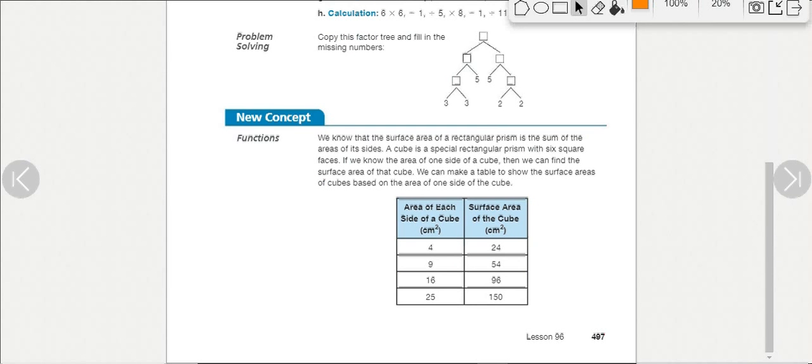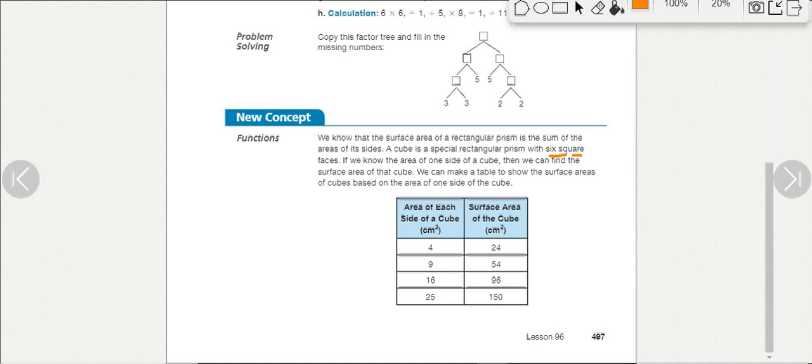Surface area of a rectangular prism is probably a better example than what I used because it's only got one letter on each side of the equal sign. We know a cube is a special kind of rectangular prism with 6 square faces.